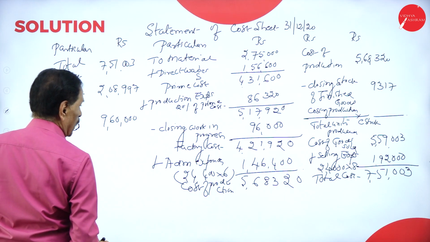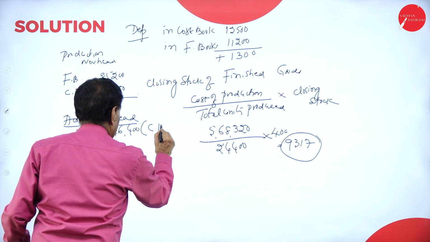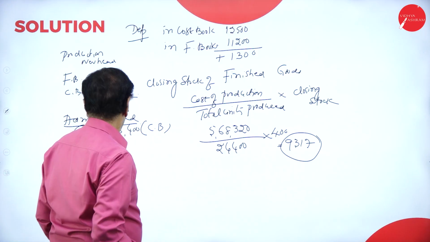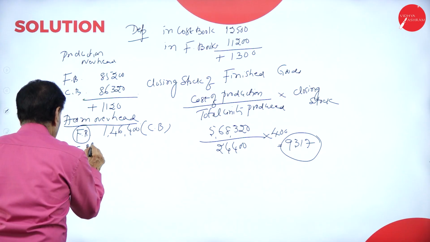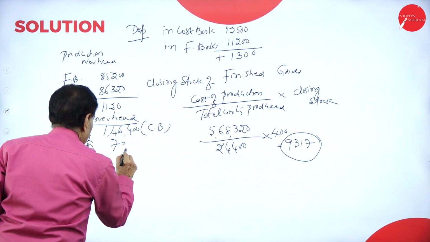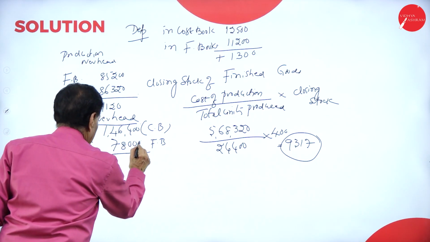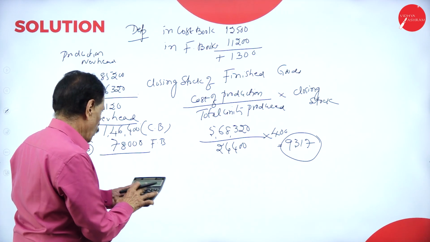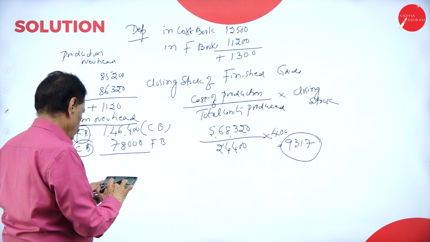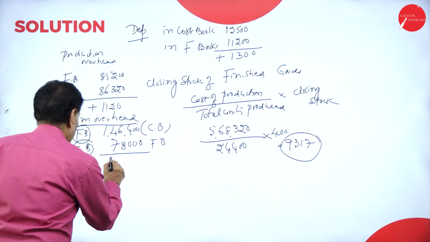Financial book administration 78,000. Deduct: 1,46,400 minus 78,000 is 68,400.